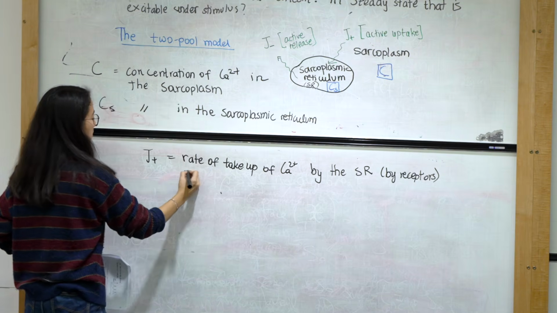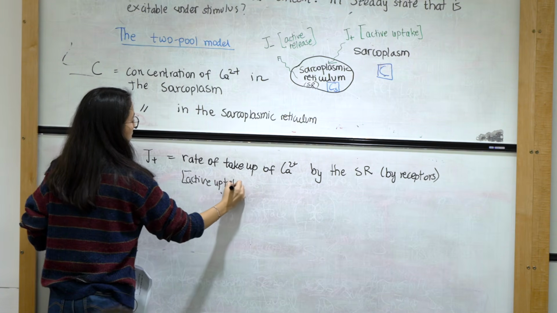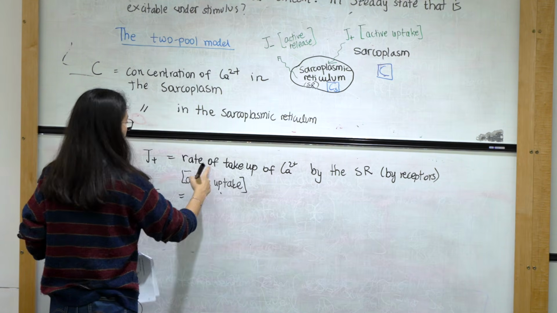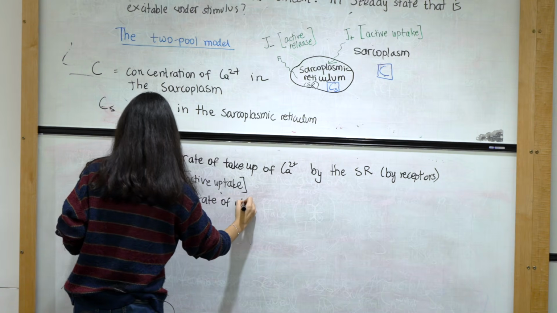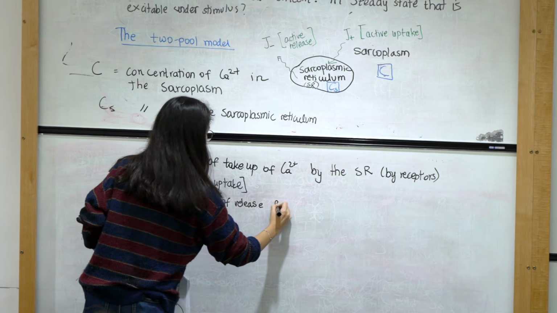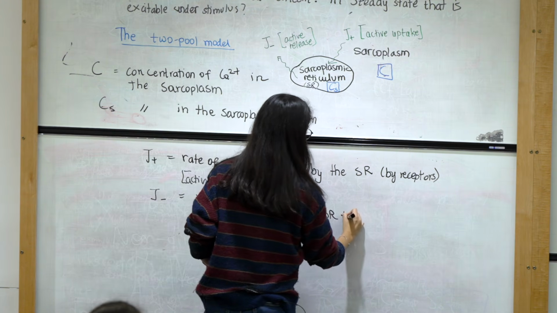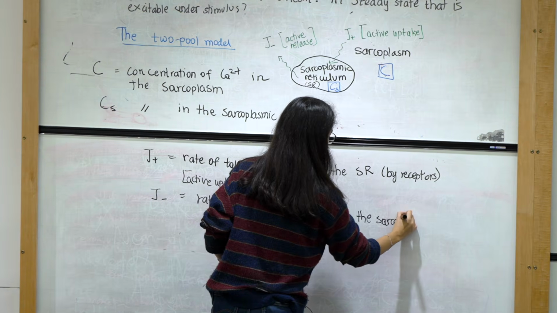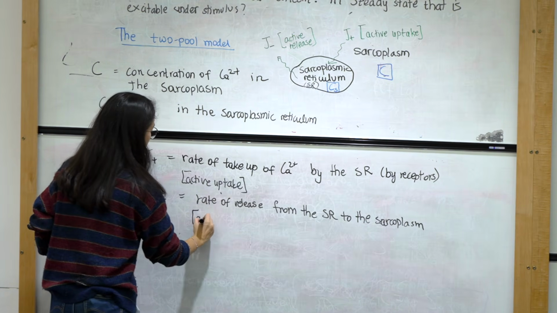Okay, so this is my active uptake. And J minus is basically the rate of release from the SR to the sarcoplasm. And this is the active release.